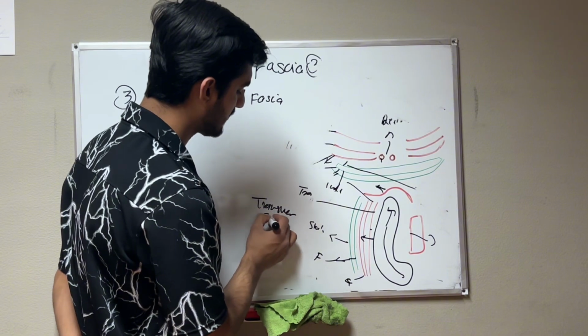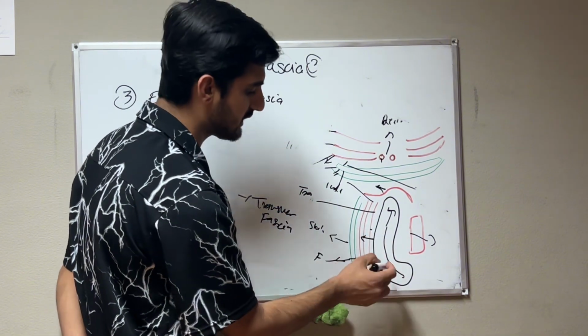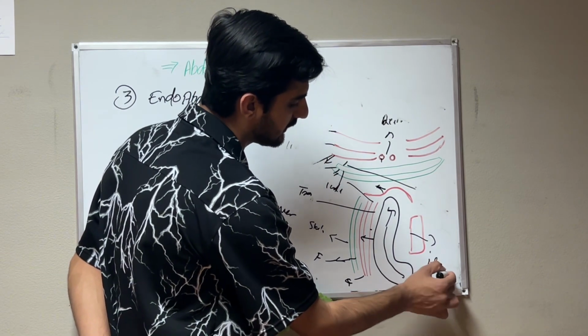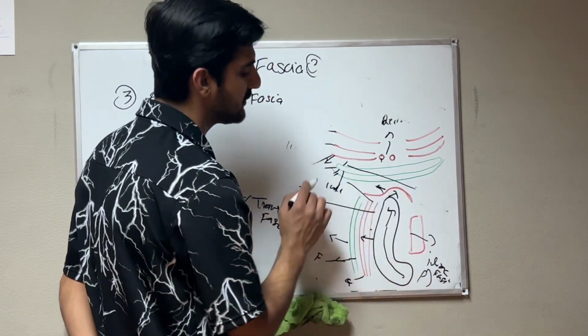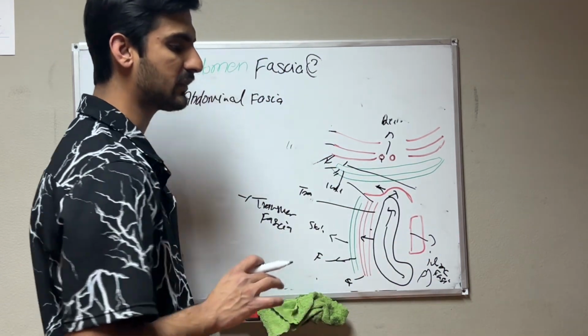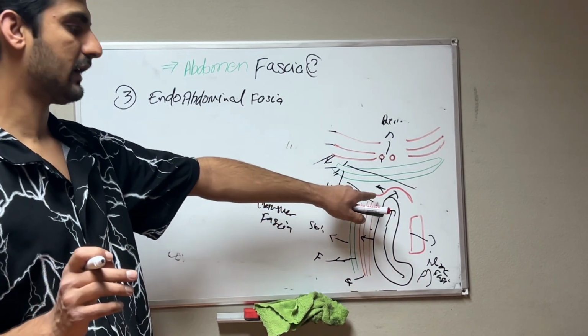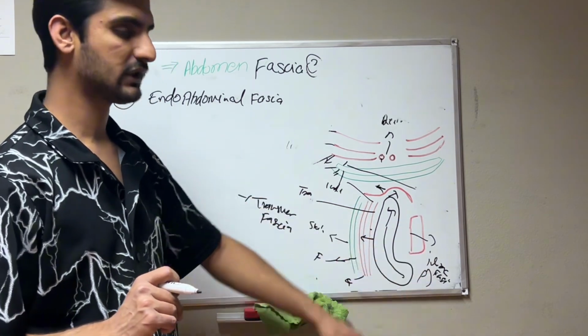Fascia is divided according to location, and here we have the iliac crest, which means iliac fascia. In the lower part, which takes part in the abdominal cavity and the diaphragm, we already discussed in the diaphragm muscle, that is also called the endoabdominal fascia.